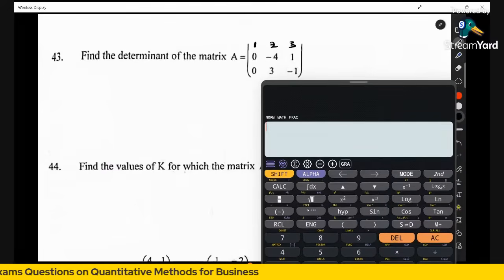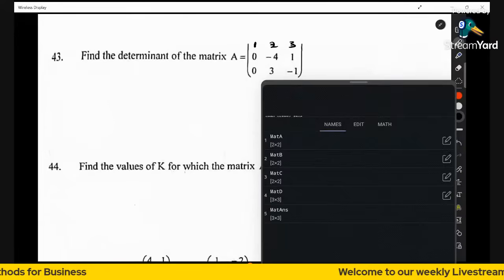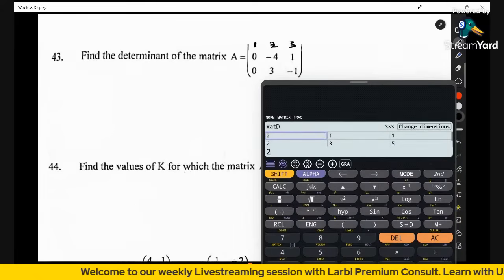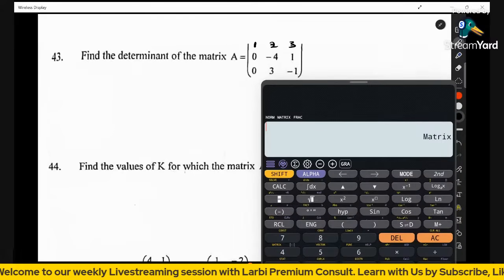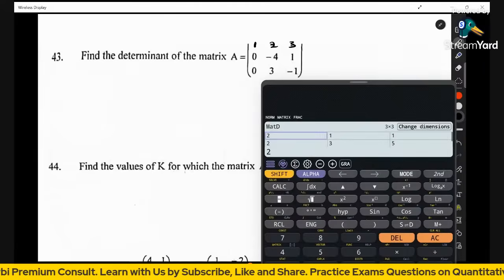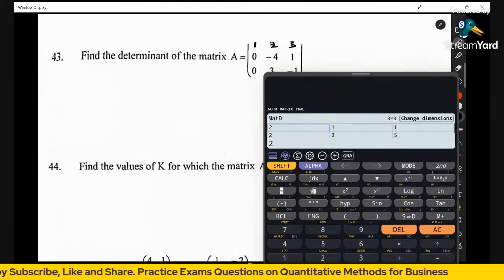You go to matrix. So you go to your mode, you go to your matrix. So I go to my edit, and since it is a 3 by 3, I'll identify my 3 by 3. I'll use the D. So I need to get this off. Okay, so let me go back, shift 4. So go by D. So the first entry is 1, 1, and then press the equal sign.